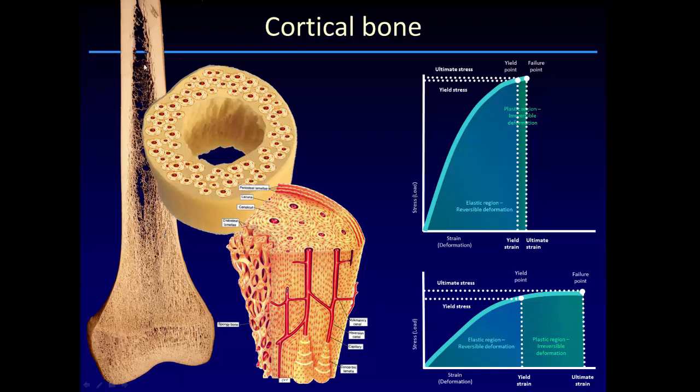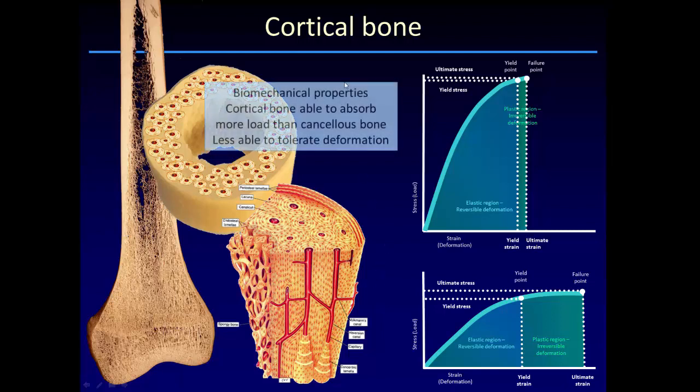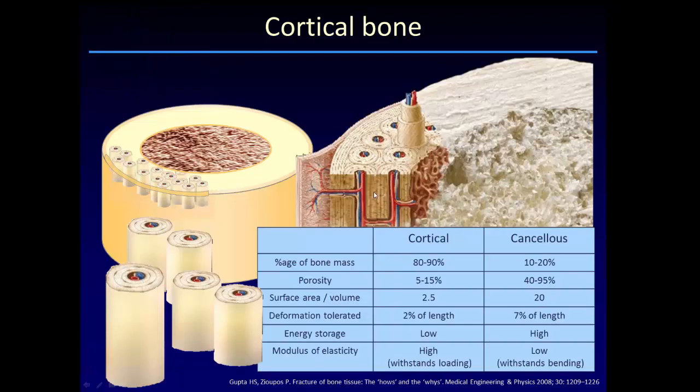So the two together make for an excellent construct, one area tolerating deformation, the other area tolerating load. So these biomechanical properties are quite different, and the fatigue injuries that we're going to talk about really predominate in this cortical bone segment.